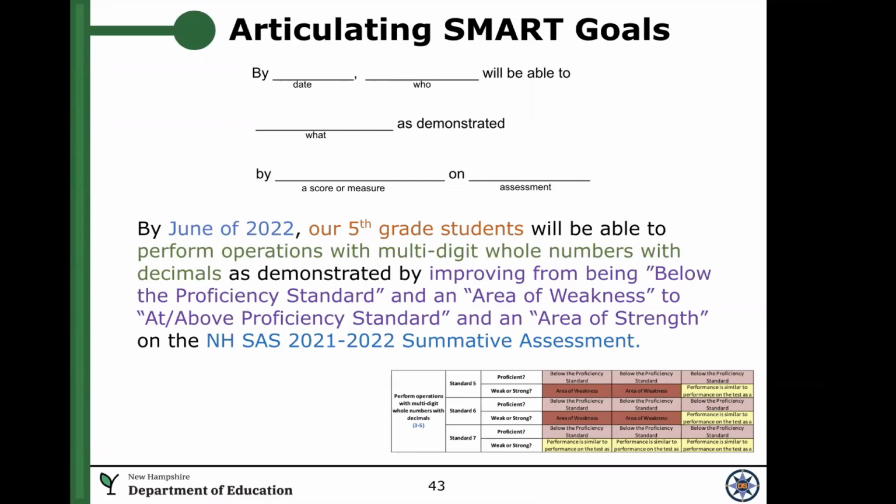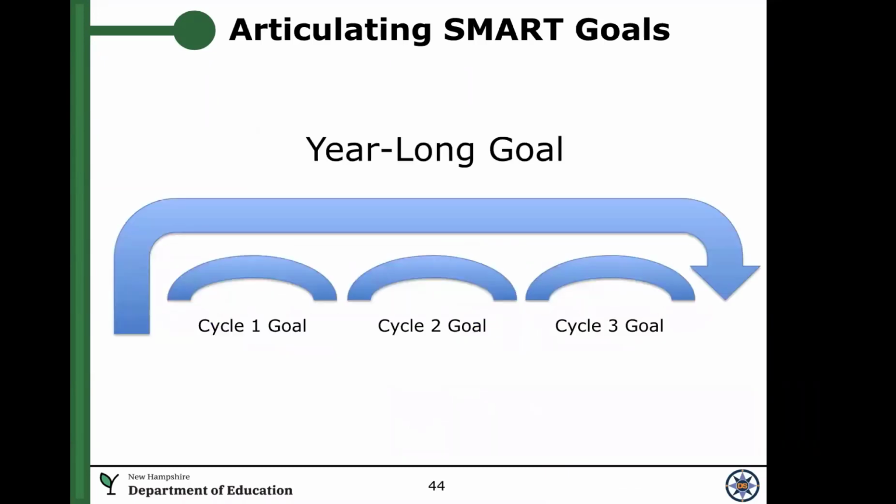No matter what portion of our math curriculum we are in, we're going to continue to focus our work for the year on this particular set of standards. We traditionally do clusters of standards, not one standard by itself. So this particular cluster has 3 different standards within it. And again, we're going to figure out where in each particular unit it might feed into this. So this is our year-long SMART goal.